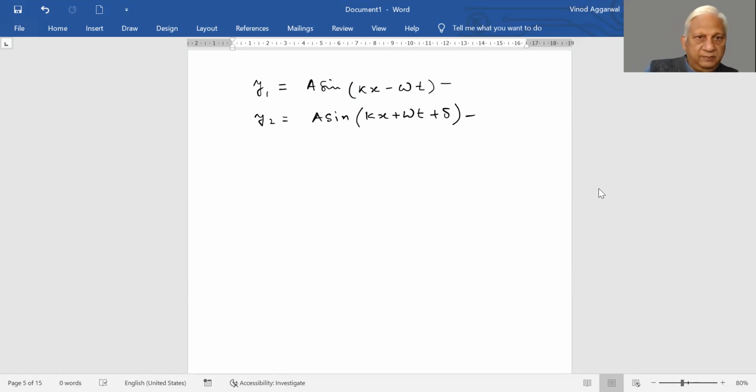Now, if we add these two up, means what happens when these two waves, one going in this direction, one going in this direction, interact with each other, we call it superposition.